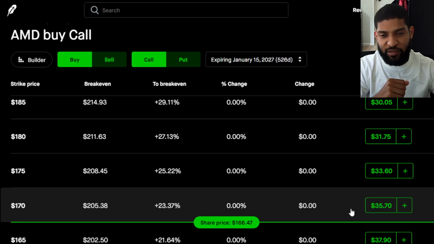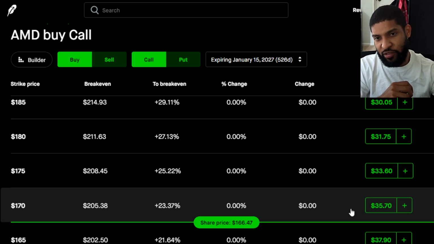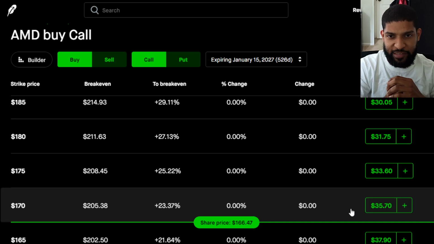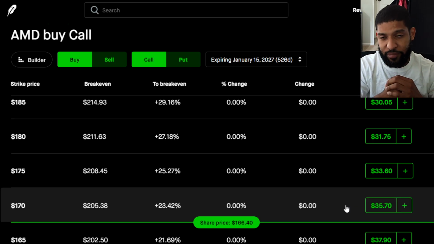So it's gonna bounce off of support, and then it's gonna continue to run up until it finds a resistance level. That's the hard part when it comes to buying call options, is the technical analysis of the stock that you're looking to buy a call or a leap option on.